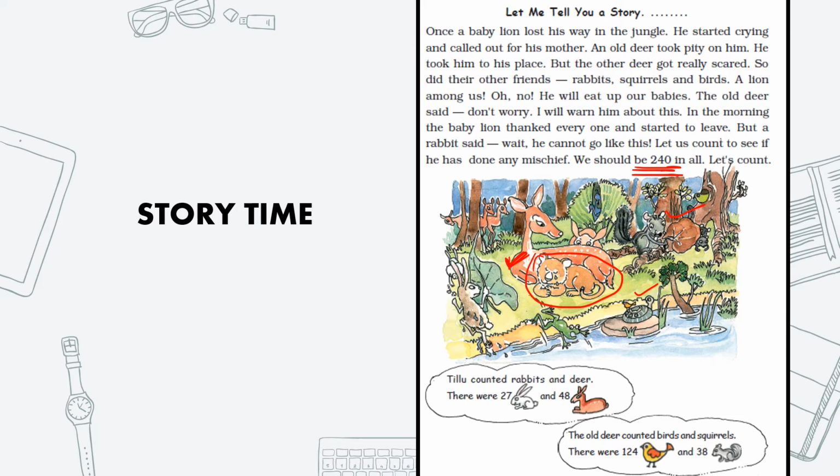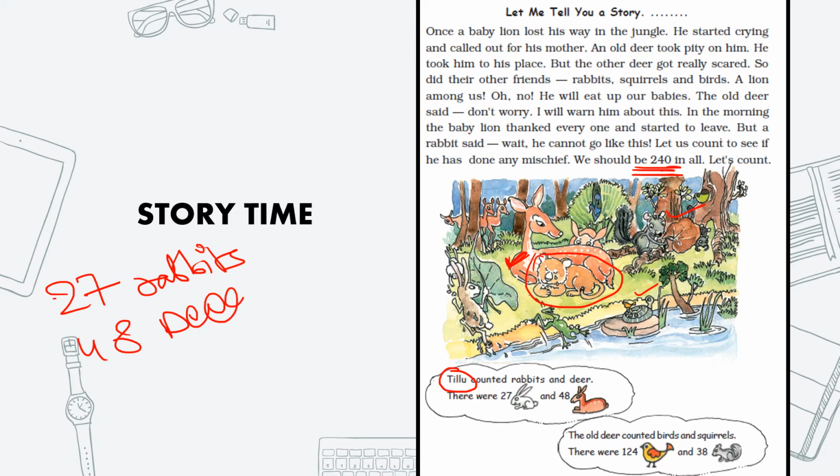Otherwise, we would get to know that the lion ate someone, right? So Tilu is an animal, and he counted and said there were 27 rabbits and 48 deers. And another animal, old deer, counted and said there were 124 birds and 38 rats.